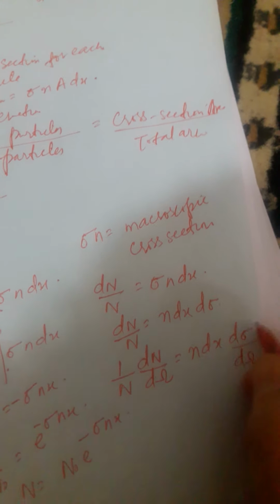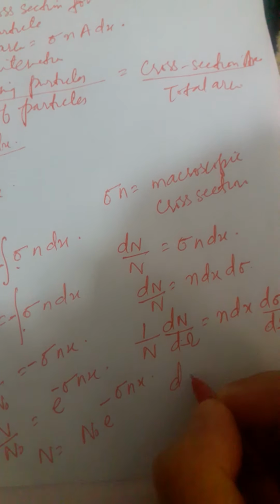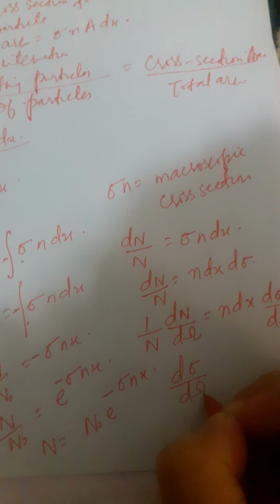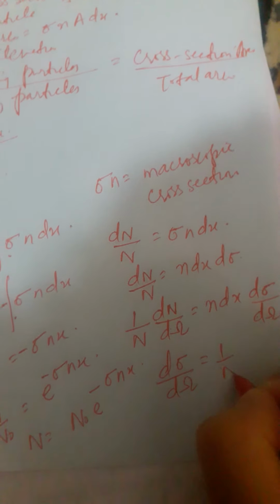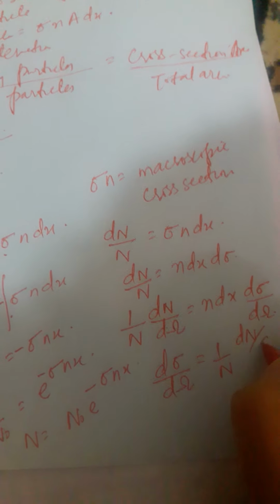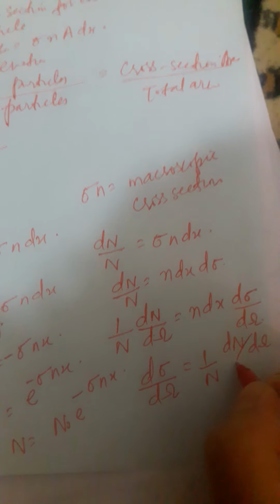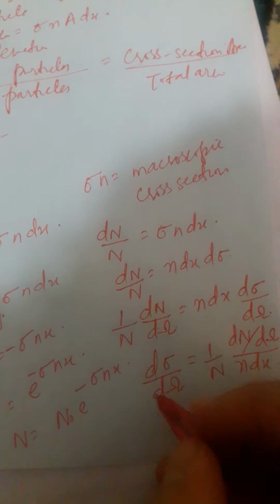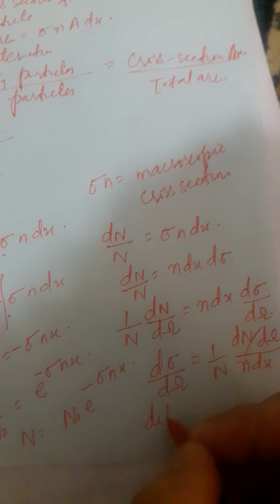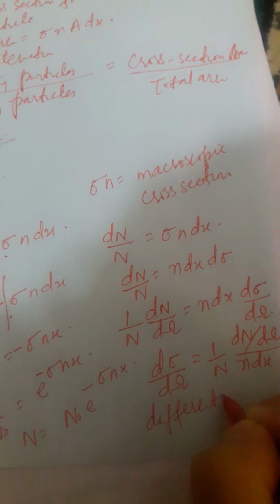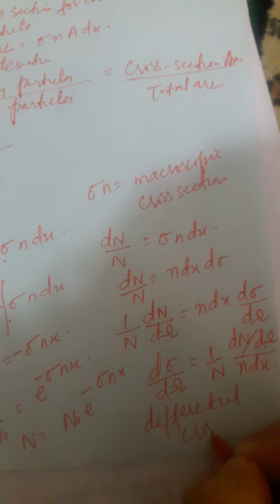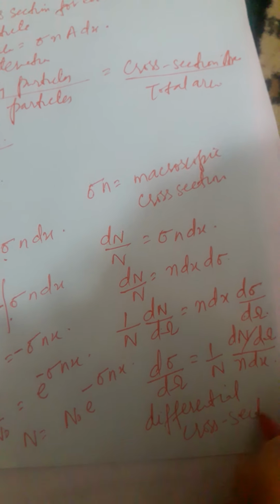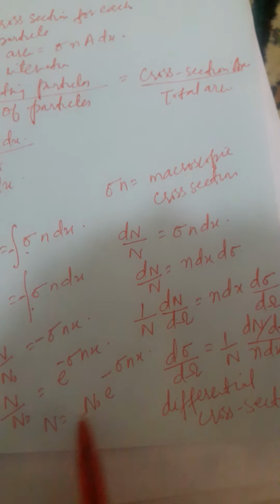This quantity d sigma by d omega, which is equal to 1 by n dx times dn by d omega, is called the differential cross section.